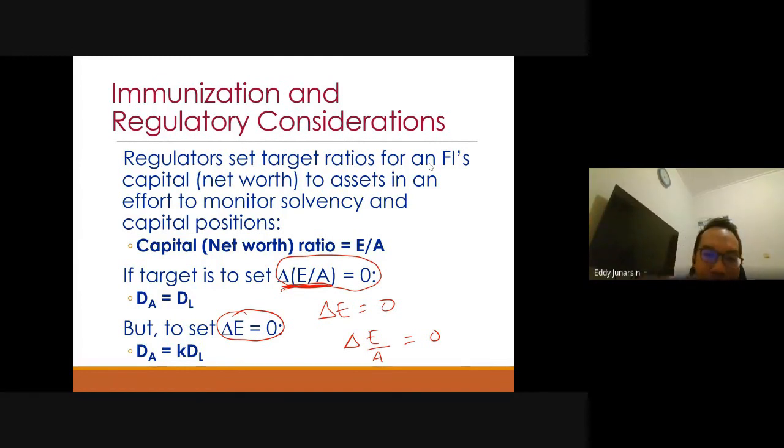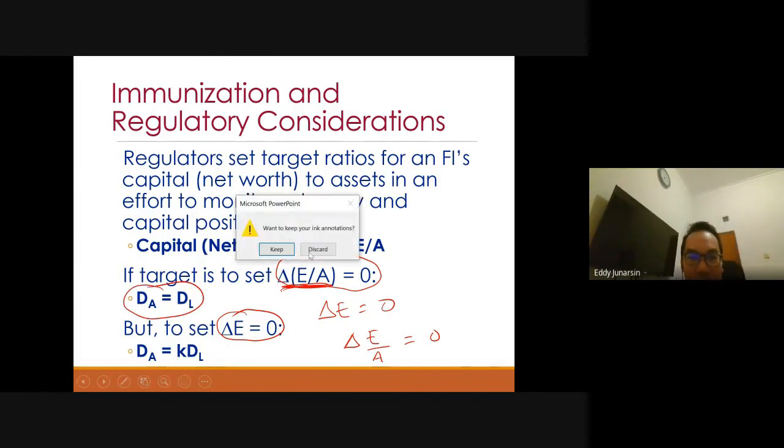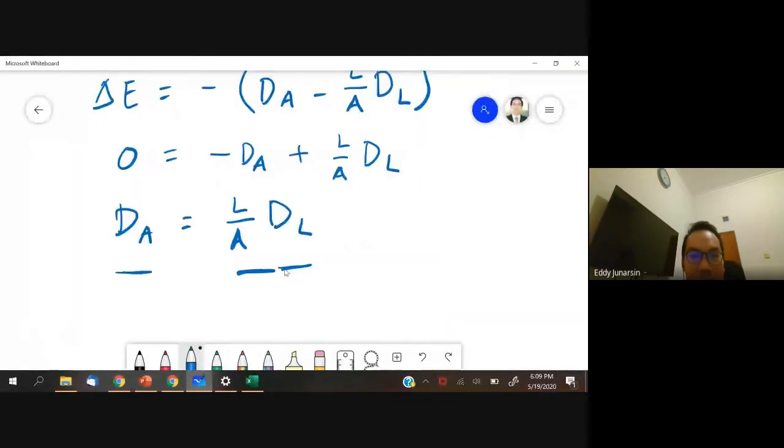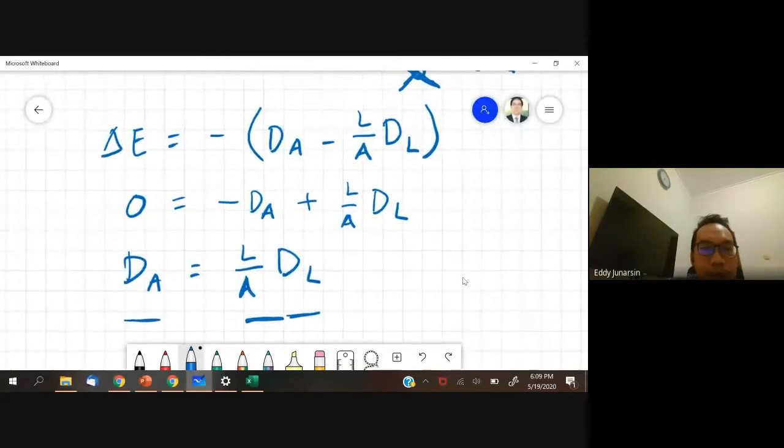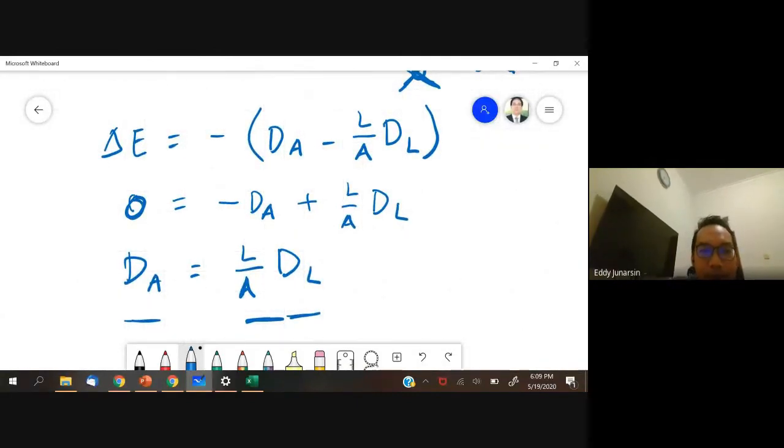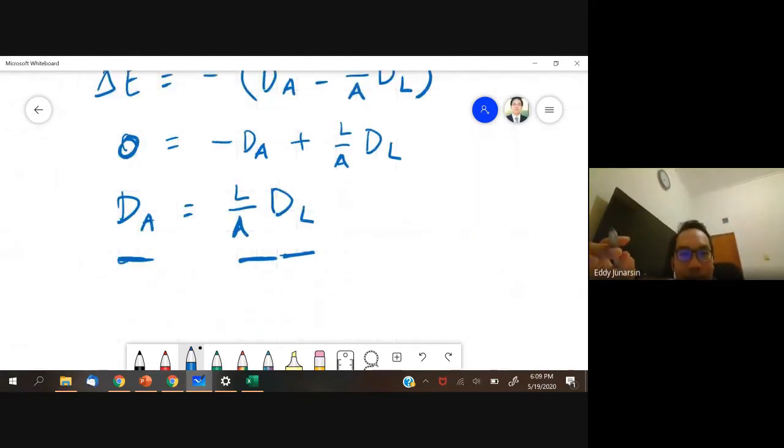So if you want to make sure that the change in equity to asset ratio is 0, then we pursue this one. You see the difference. If you pursue delta equity to be 0, then you have to match the duration of assets with the duration of liabilities that has been adjusted with the debt ratio.